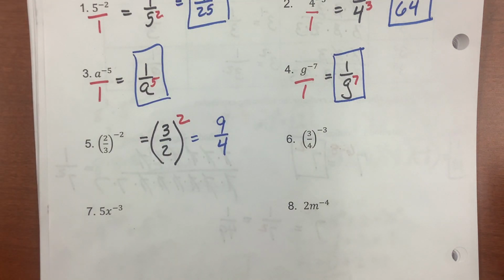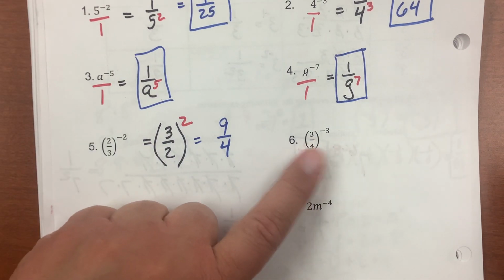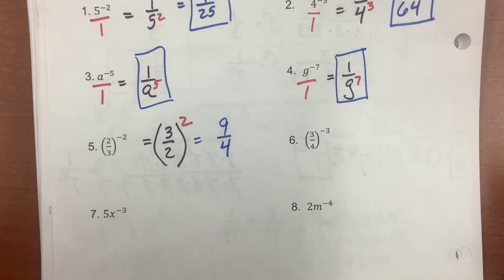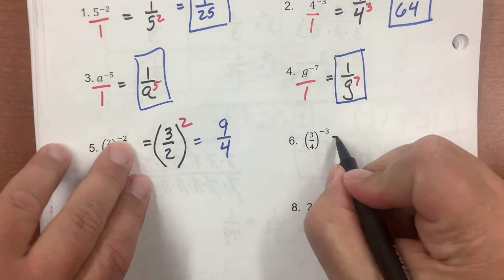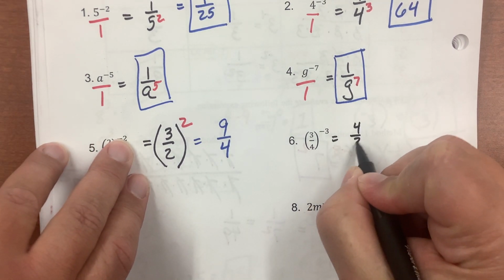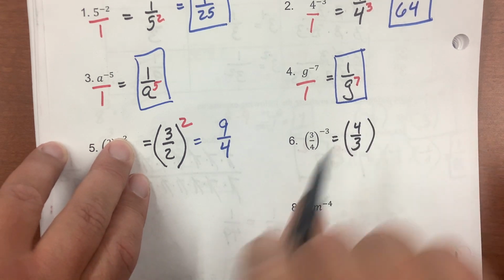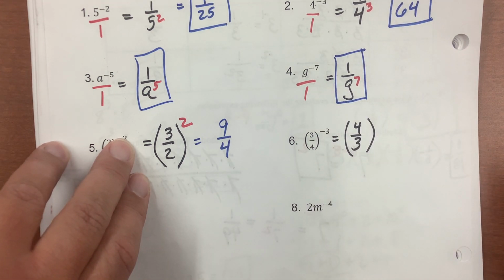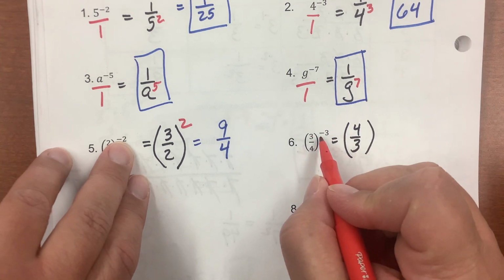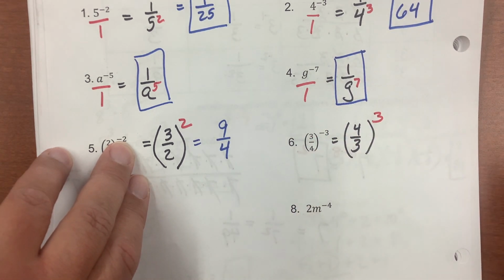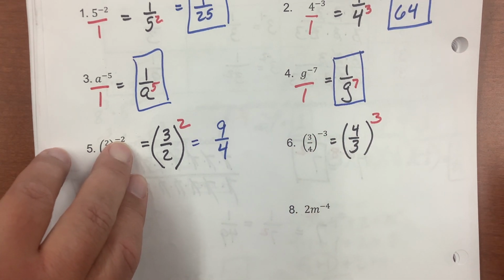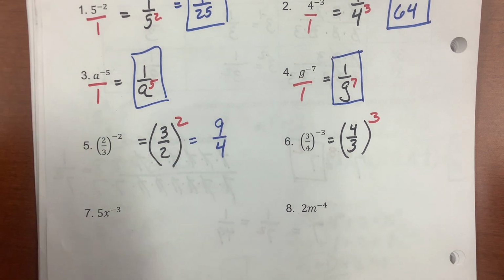Aha! Very clever. This one is going to flip over also, and I get 4 over 3 in parentheses, because the whole thing is the base. -3 becomes +3.